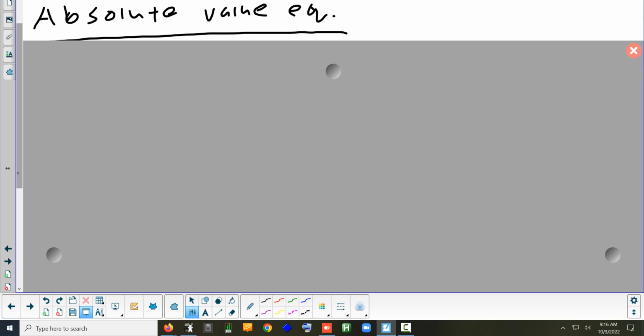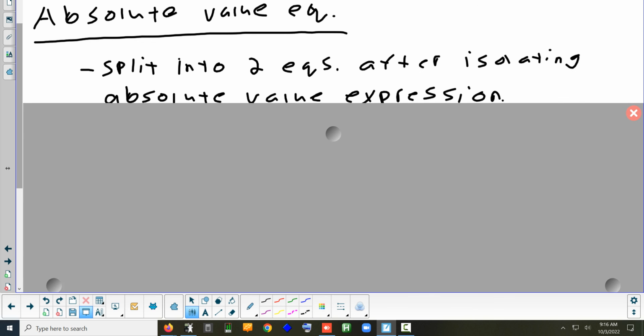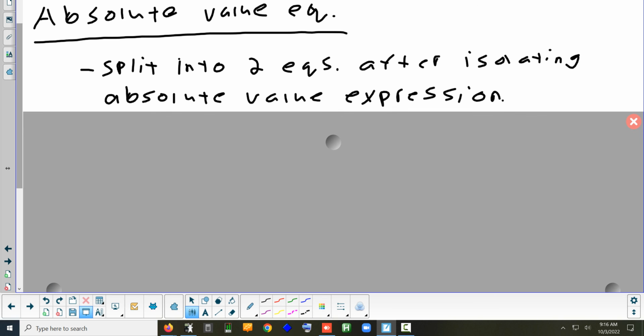All right, so one type of equation that we can get that involves solving linear equations is absolute value. So an absolute value equation would look something like this. That's an absolute value equation.